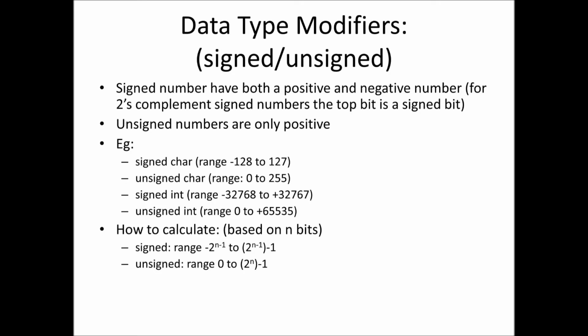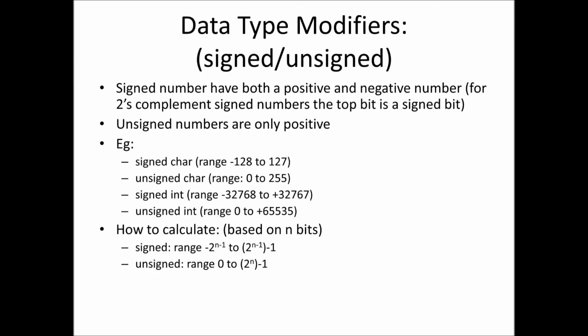Now, if we're only interested in representing positive numbers, we can make the number an unsigned number, which gives us a larger positive range to represent numbers at, but means that we can't represent negative numbers because the sign bit's used to represent the number rather than the sign of the number.